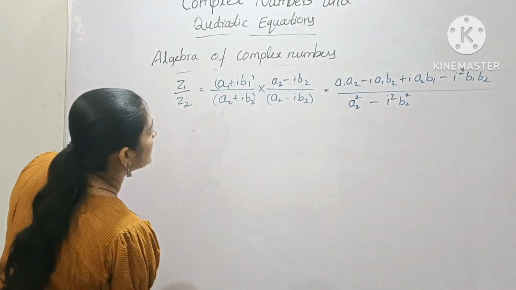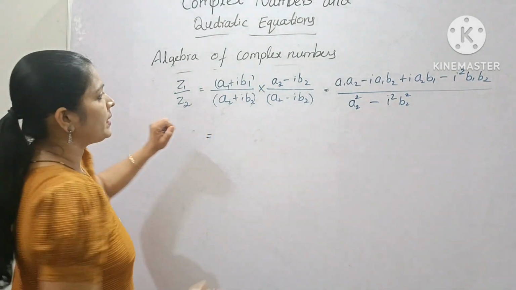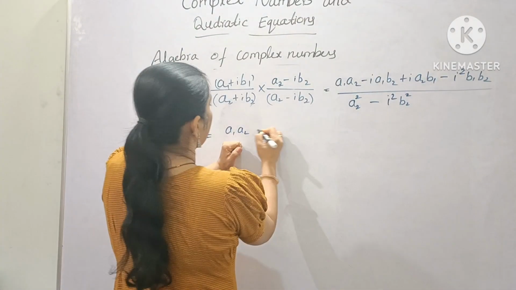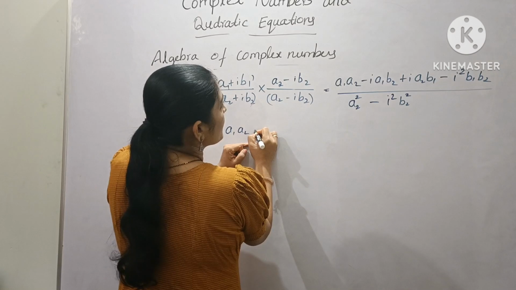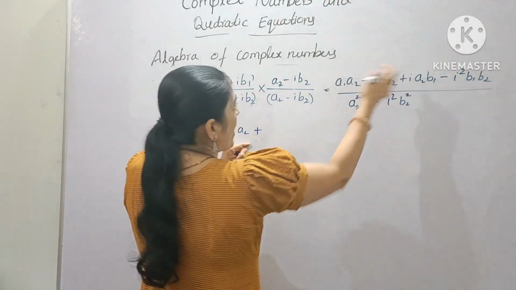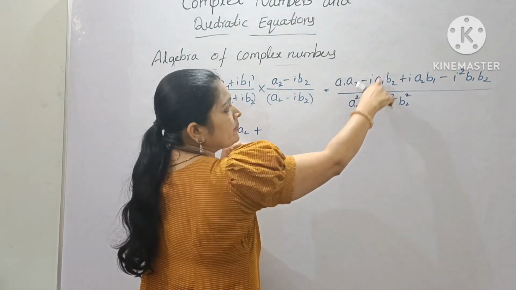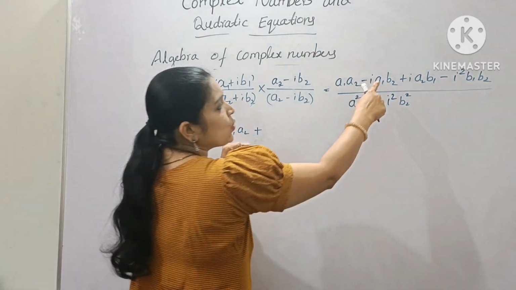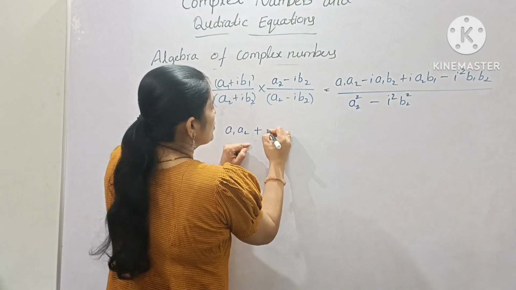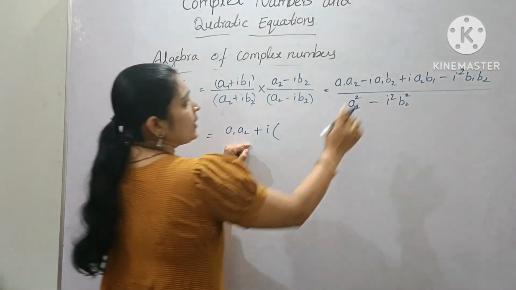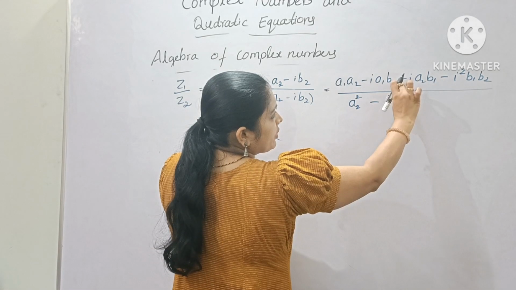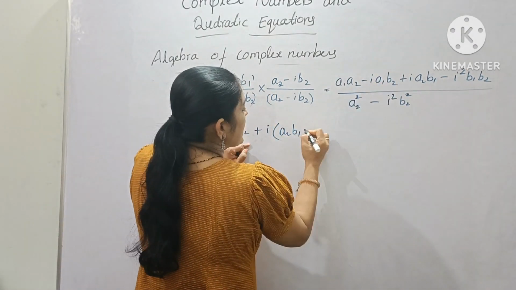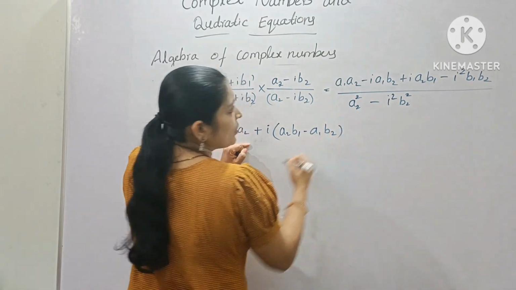So next step. Here a1 a2 plus, take i outside, since the second and third terms have i common, so i into (a2 b1 minus a1 b2).